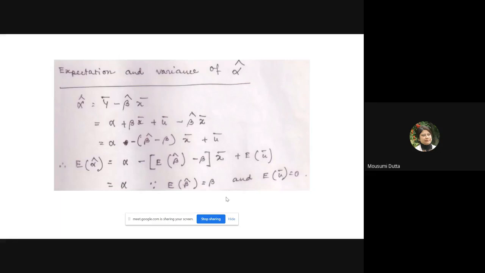Okay, so properties of alpha hat. Alpha hat is equal to y bar minus beta hat x bar. Just like the previous one, you consider the notations to be capital. All these values are capital basically.